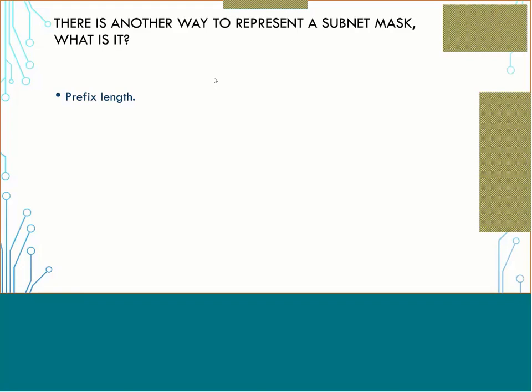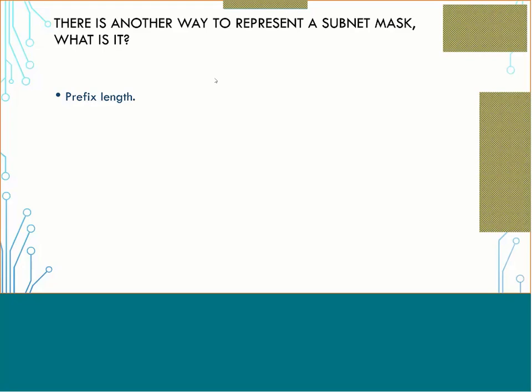Now with a prefix length, what are we doing? How do we come up with the prefix length? Somebody answer verbally. It's the number of ones that we have in the subnet mask. For example, 11111, and then everything else would be zeros.